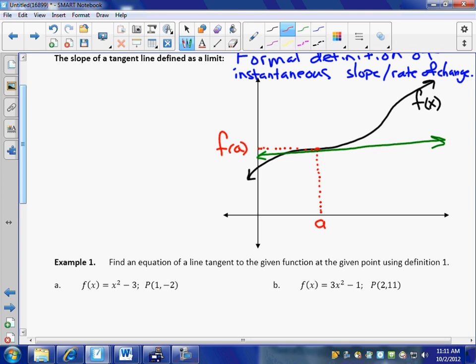I will draw my second point, only this one is going to be different. This is beautiful. We're going to call this point A plus H. What is my output? F of A plus H. One last step before we can finally do it.